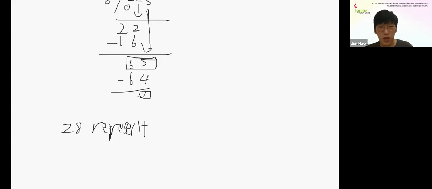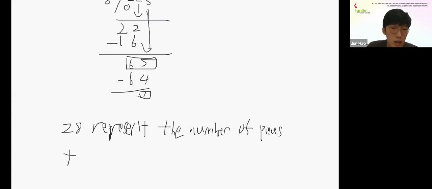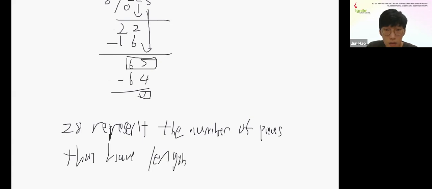So 28 will represent the number of pieces that have length of 8 cm. Okay?